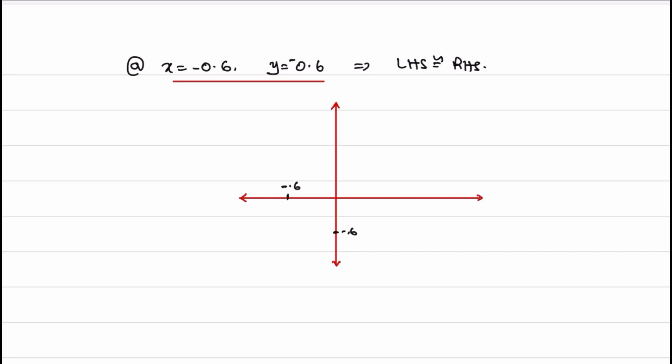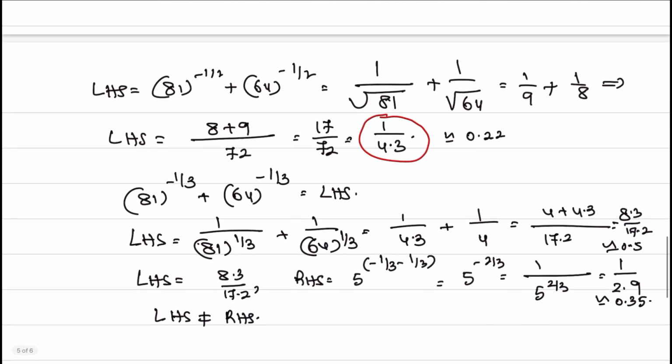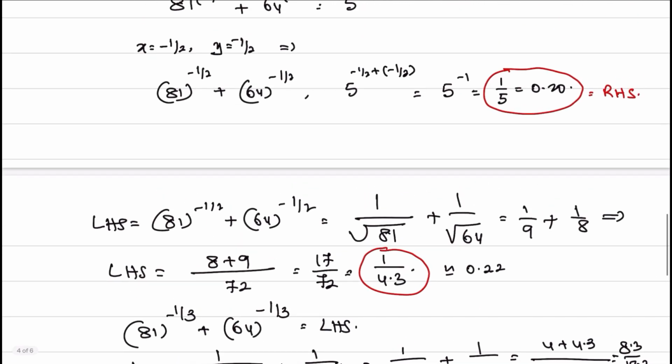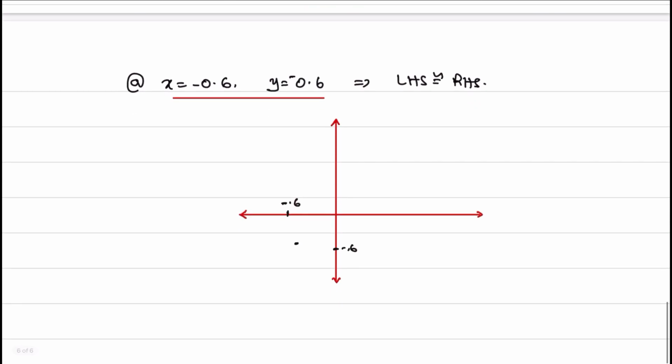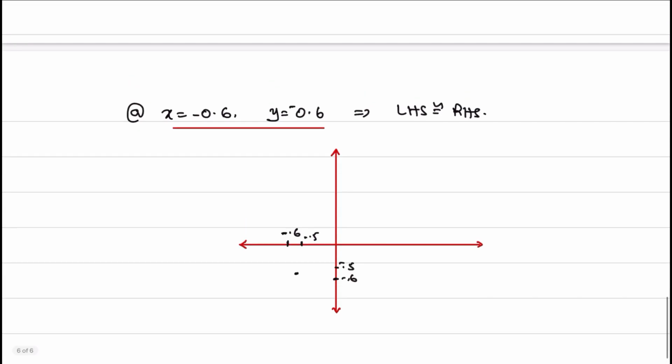It is approximate. We got a point here that's lying on the curve, and when it is minus half, then when it is minus half like this, it's not lying on the curve, and when it is more than minus 0.6, it is lying on the curve, and the curve can be of this shape.